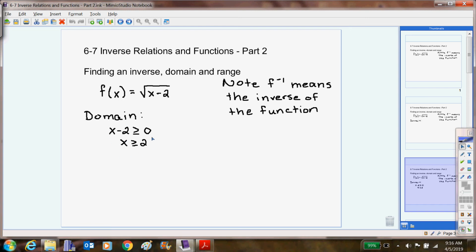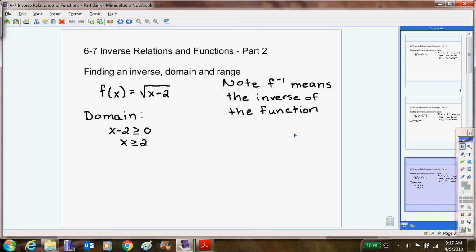So our domain is all the values of x so that x is greater than or equal to 2, because if x becomes smaller than 2, we get a square root of a negative. That will put us in the imaginary zone, and that will mess up our idea of a function.